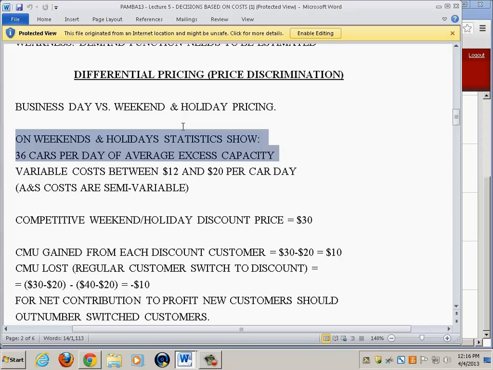You'll be losing money, right? If you rent at 10 or at 9, say you rent at $9 per car day, and your variable costs are at the minimum 12, what will be the incremental loss? $3 per car day, so that doesn't pay. So if you can rent them only at 9, you're better off having them idle. Because if you have them idle, you don't incur the additional maintenance and depreciation costs.